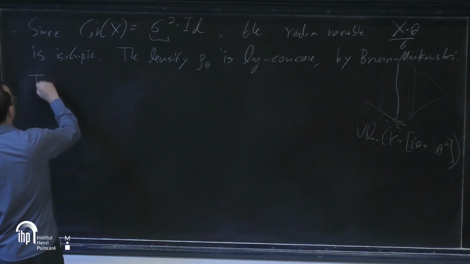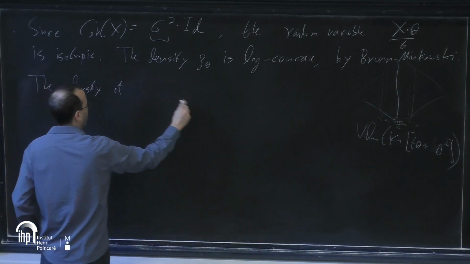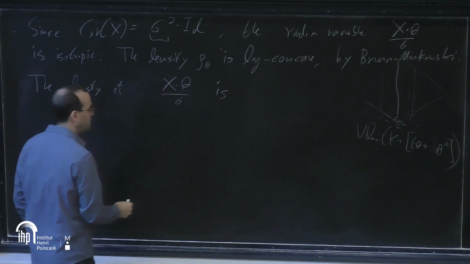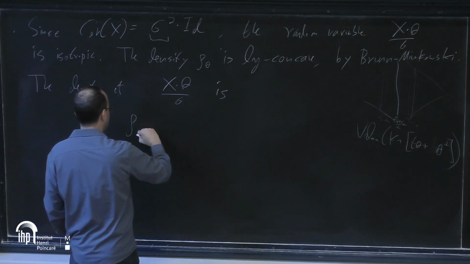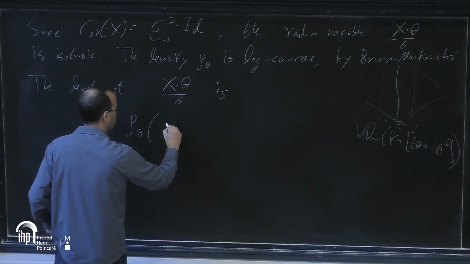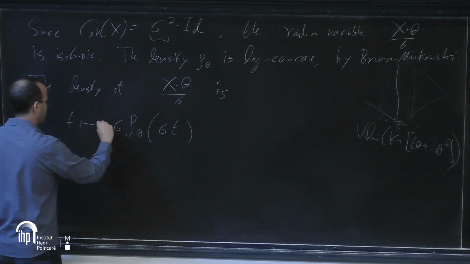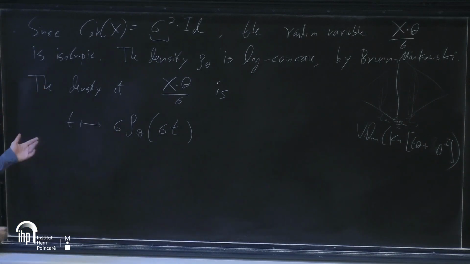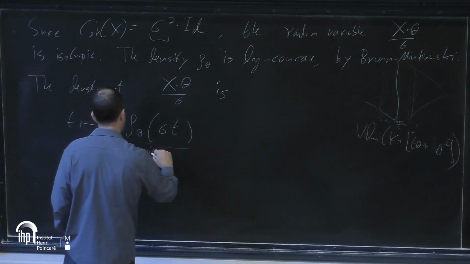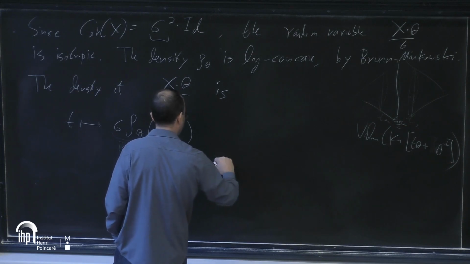Now, what is the density of X times theta over sigma? It's rho theta, but we need to scale it by sigma. If you divide by sigma, you need to multiply, because it's in the other direction. So that's the density of this random variable, which, as we said, is an isotropic log-concave density in 1D.